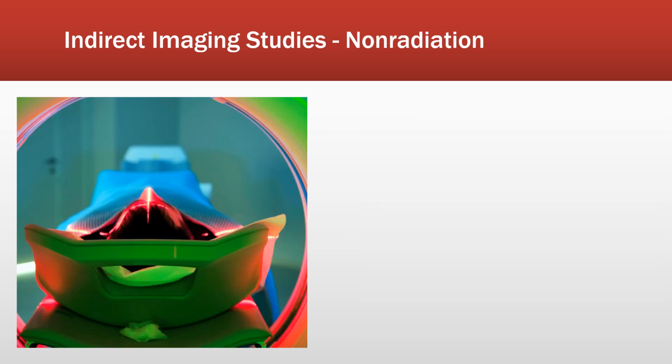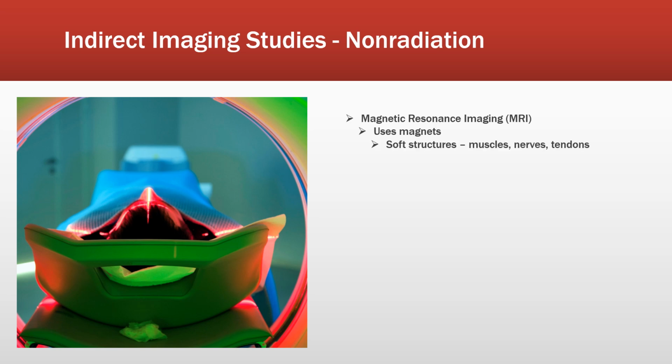Now we'll move on to non-radiation indirect imaging studies. Other types of imaging that are often obtained include magnetic resonance imaging or MRI, which uses huge magnets to visualize soft structures of the body like muscles, nerves, and tendons that X-rays cannot detect well. Ultrasound is also called a sonogram and uses sound waves that bounce off of body structures to create images.